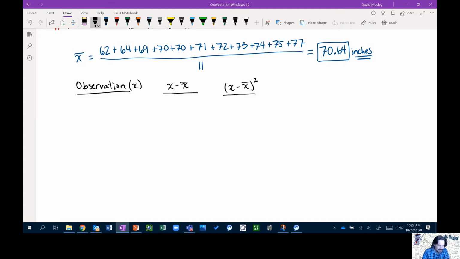The squared difference. So for example, our first observation was 62. 62 minus 70.64 will give us negative 8.64.